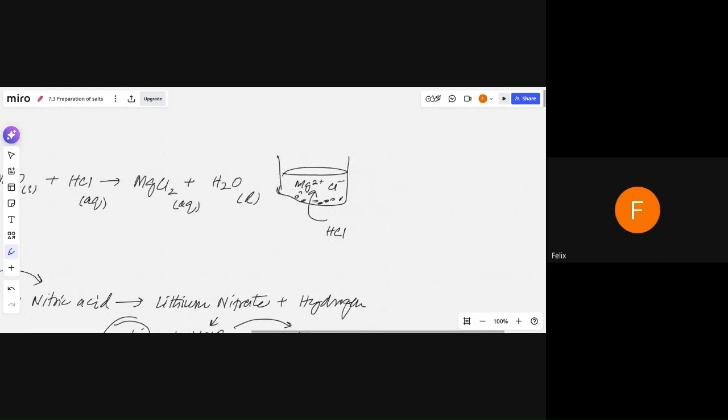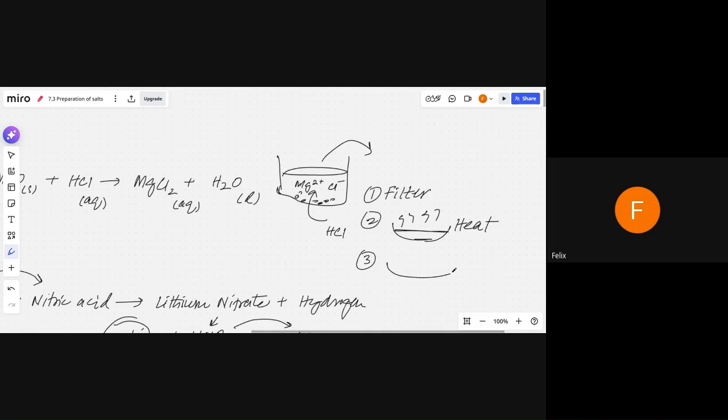So again, the first step will be to filter the excess magnesium oxide that has settled at the bottom. So step one is filter, and step two, transfer it into an evaporating basin and evaporate most of the water, then allow it to cool down. So heat it.